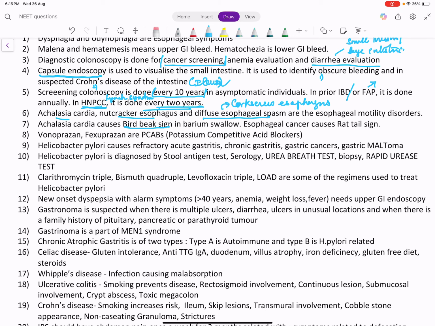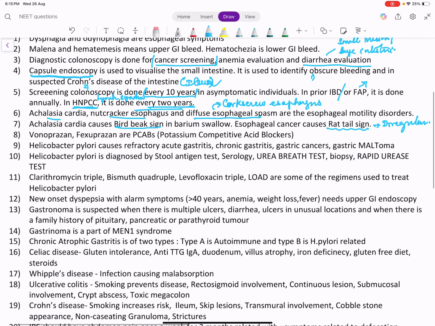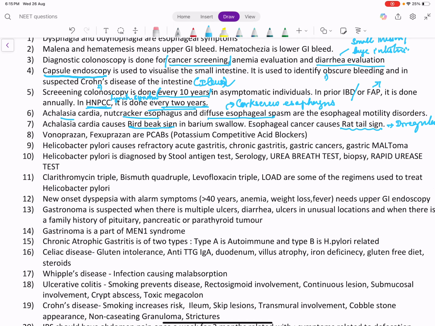There will be proximal dilatation because the distal myenteric plexus fails to relax. Esophageal cancer causes a similar sign called rat tail sign. In bird beak sign, the distal narrowing of the esophagus will be uniform. In rat tail sign, the distal narrowing of the esophagus will be irregular.